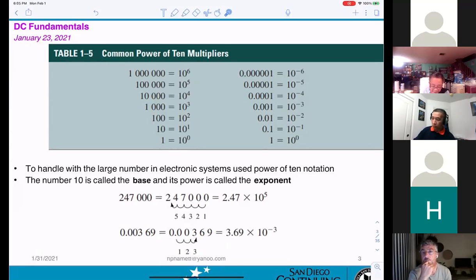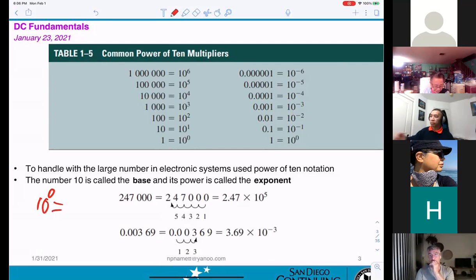And on the other side, you can get 0.001, which will be 10 to the -3, because you get 1, 2, 3 places. 10 to the power of 0 equals 1. Any number with power of 0 equals 1.